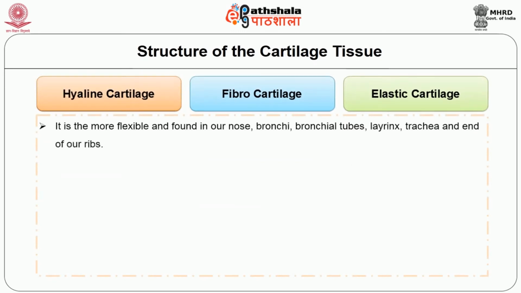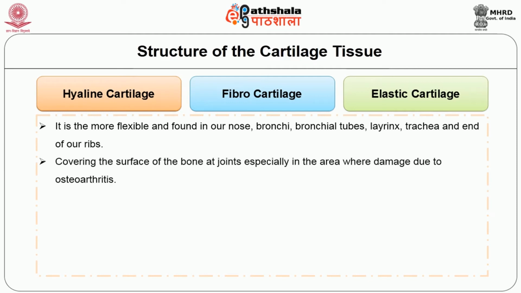Hyaline cartilage is the most abundant one. It is flexible and found in our nose, bronchi, bronchial tubes, larynx, trachea, and the ends of our ribs, covering the surface of the bones in joints, especially the areas where damage occurs due to osteoarthritis.